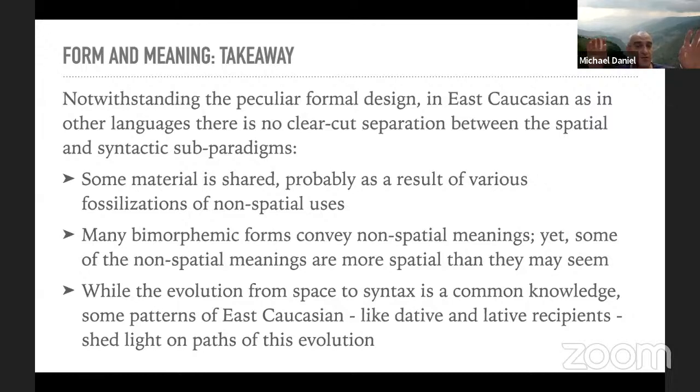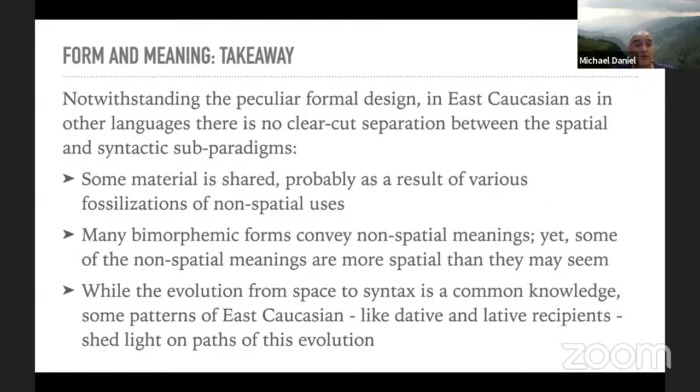You see syntactic case markers used as part of the spatial forms. Some material is shared. Diachronically, some forms seem to have developed from the spatial paradigm.